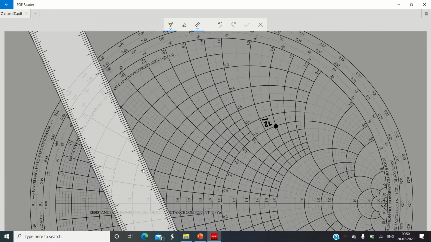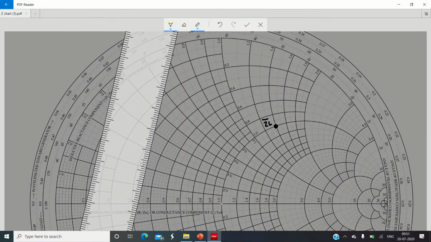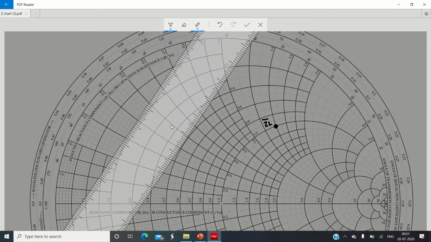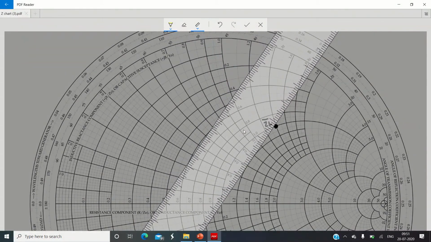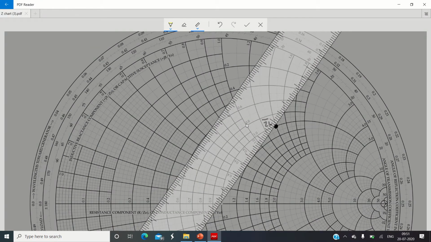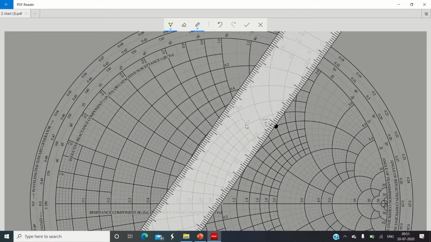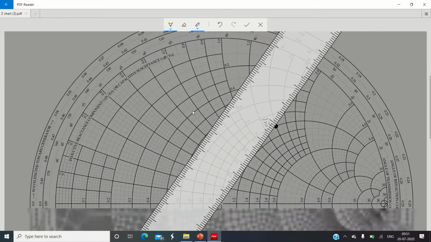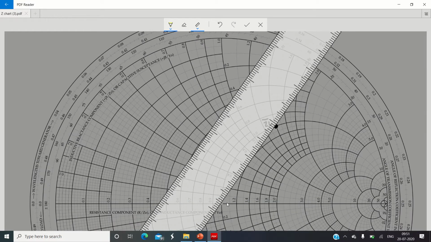Take your ruler and join the ZL bar point, the complex load impedance point, with the center of the Smith chart. So I'm saying, join the complex load impedance point with the center of the Smith chart, and draw a line extending to the external boundary of the Smith chart.